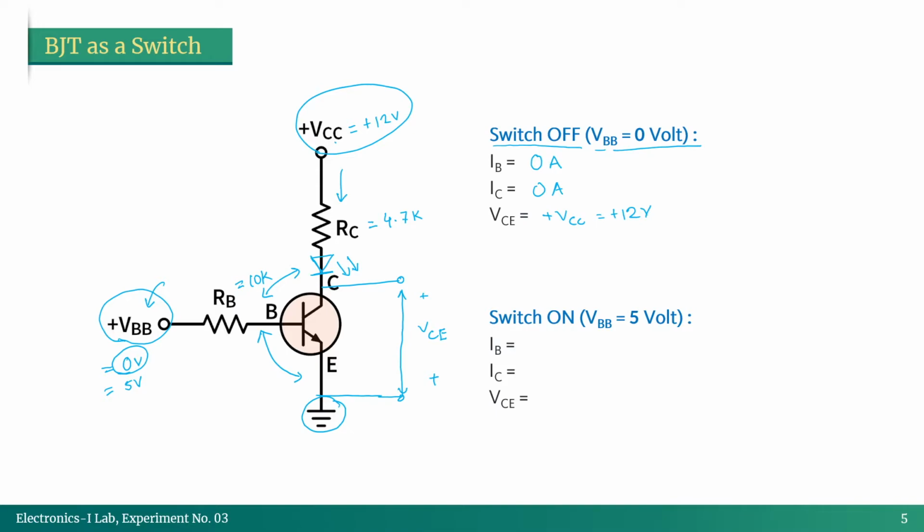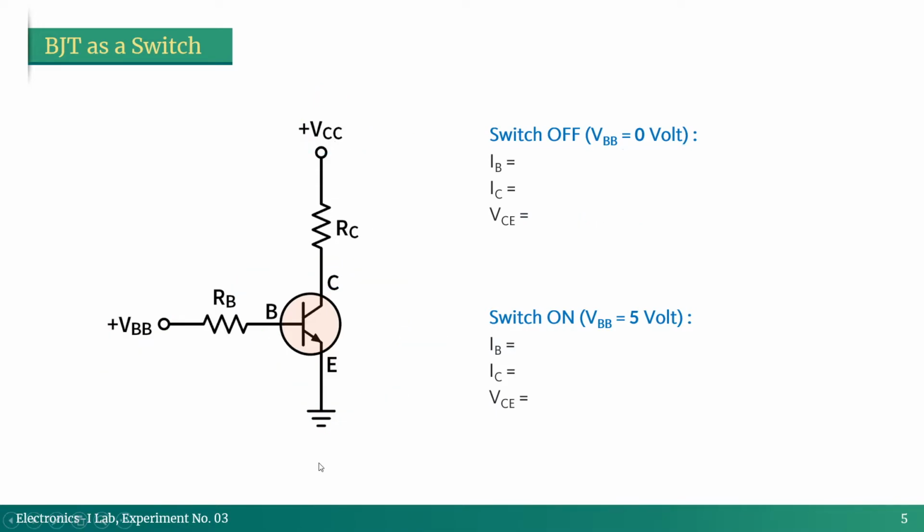And then for the next case, we are going to be giving a voltage plus 5 volt at the VBB, and VCC is plus 12 volt as before. RC, RB, every value will be just like before. Then what will happen?